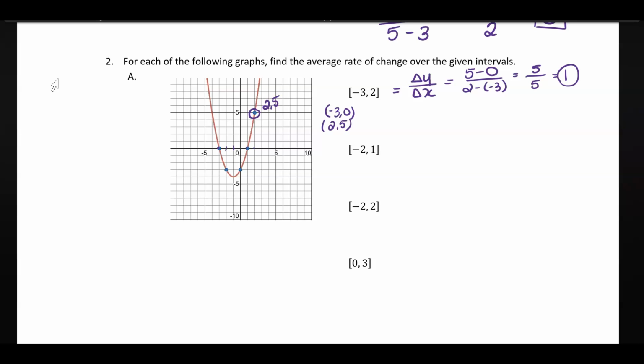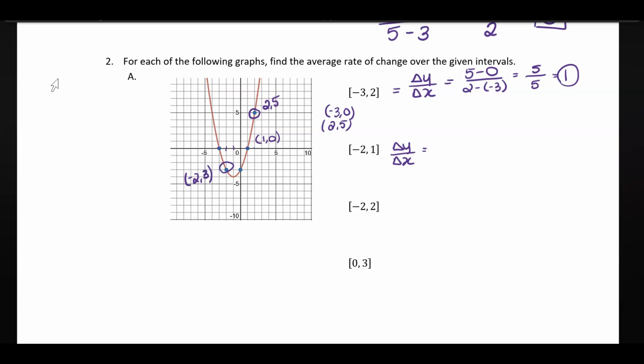Let's look at negative 2. So negative 2 is this point right here. And so this looks like it's going to be negative 2 comma 1, 2, 3. And I'm also going to look at 1. So here I'm at 1, and this looks like the point 1 comma 0. So again, we're going to do delta y over delta x as our rate of change.